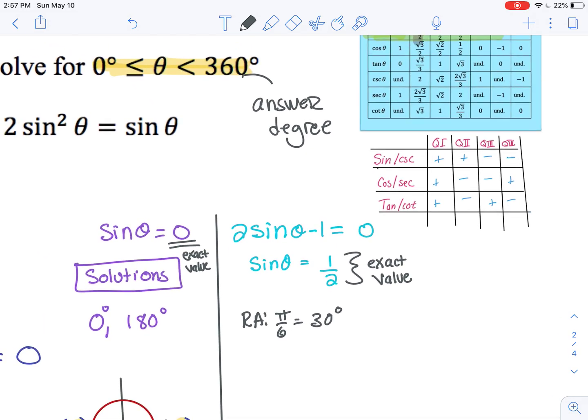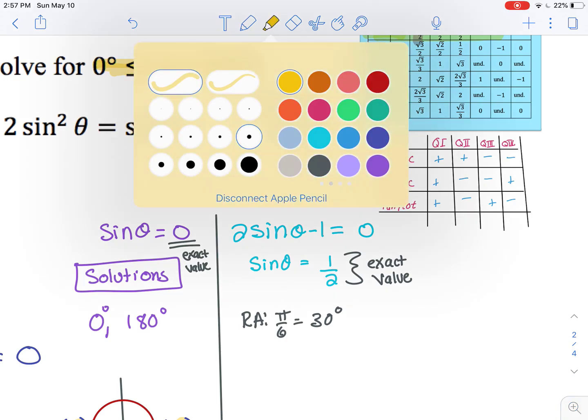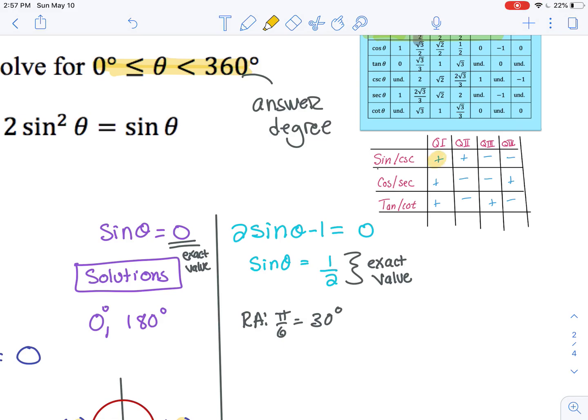Now I have to think about which quadrant my solutions are in. Since I'm looking for a positive, I need to think, when is sine positive? Sine is positive in quadrant 1 and quadrant 2, so I'm going to have solutions in quadrant 1 and quadrant 2.